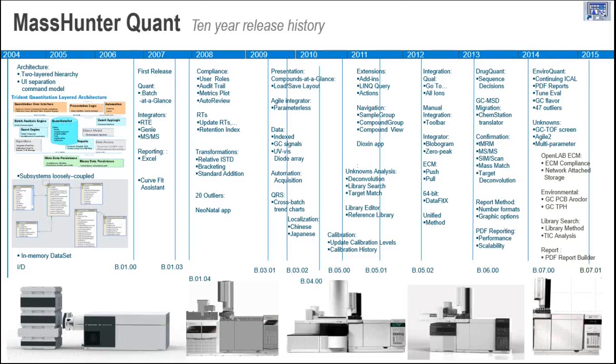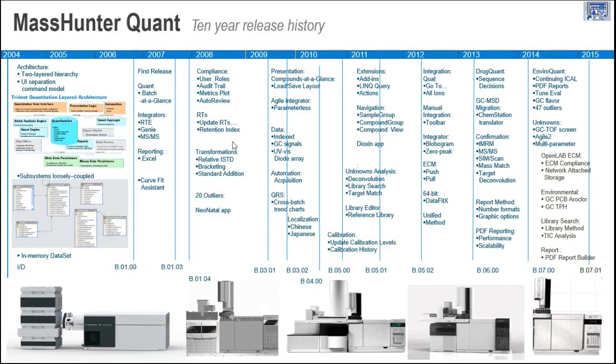I like to show this slide because it shows the investment that has been made in MassHunter over the last 10 years. The program was initiated back in 2004 as a software answer for the MassSpec platform. And as mentioned, I was involved with the LC triple, GC triple, and the GC QTOF instrument introductions.